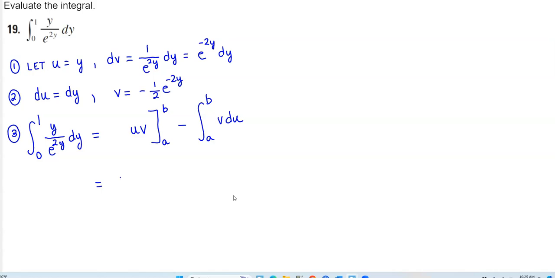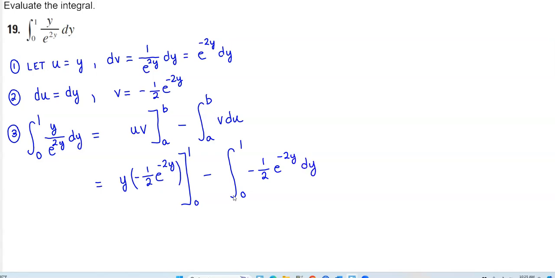So we know that u is y, and then we're multiplying it by v, which is negative 1/2 e to the negative 2y, and we're going from 0 to 1, minus the integral going from 0 to 1. We know that v is negative 1/2 e to the negative 2y, and du is dy.